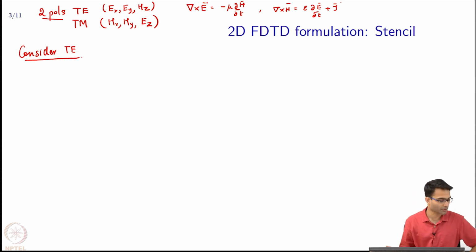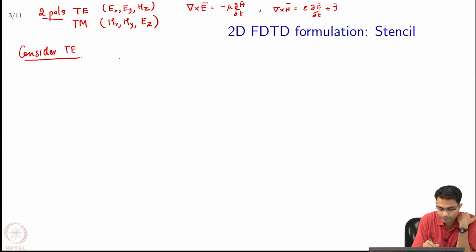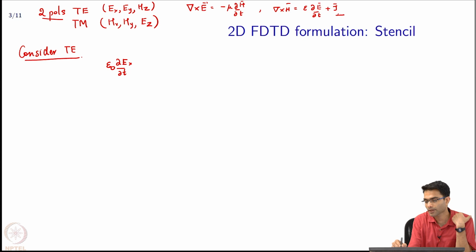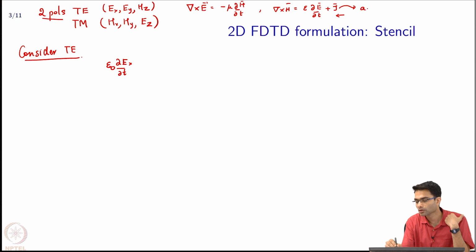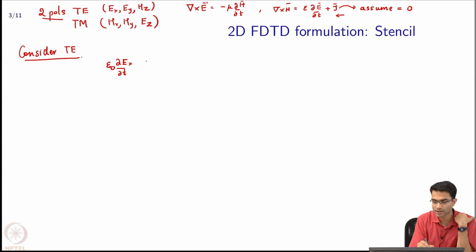I can use these two Maxwell's equations to give me a few scalar equations, right, because the unknowns are only Ex, Ey and Hz. So, the first equation will become, and let us further just take vacuum. Okay. So, epsilon naught, right. So, I am taking the second Maxwell's equation and looking at the x component, okay, and assuming current 0. Okay. So, this is dEx, and on the right hand side I will get a spatial derivative of the H field, and what will that be?